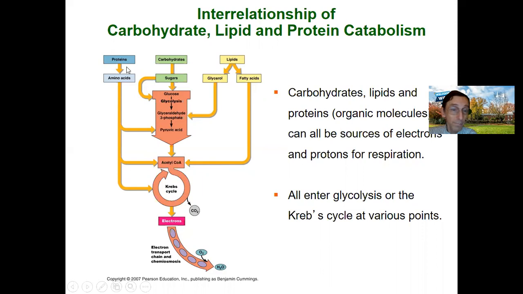The proteins will be broken down into amino acids, and depending on which amino acid it is, some of them can join the glycolysis, and most of the others join the Krebs cycle at different stages. The point is we can digest all of our food molecules and send them through aerobic respiration to generate ATP.